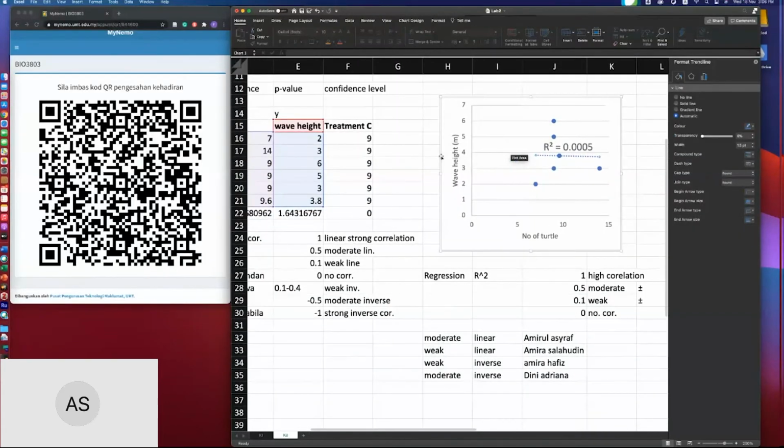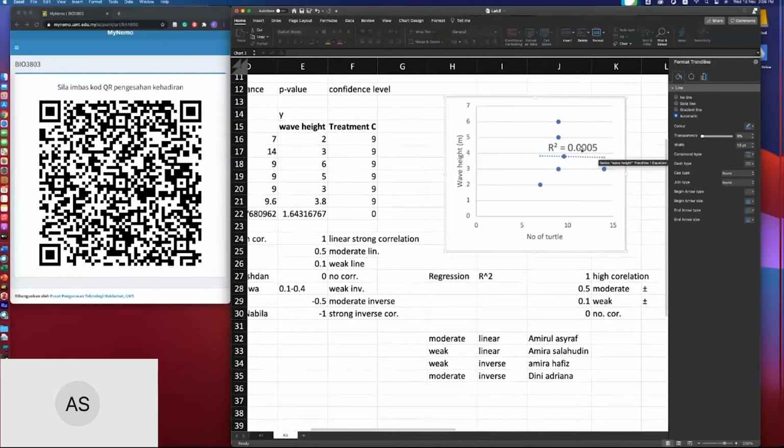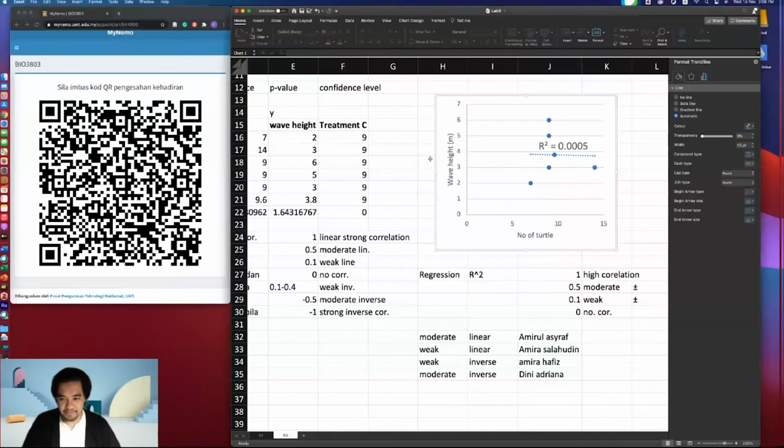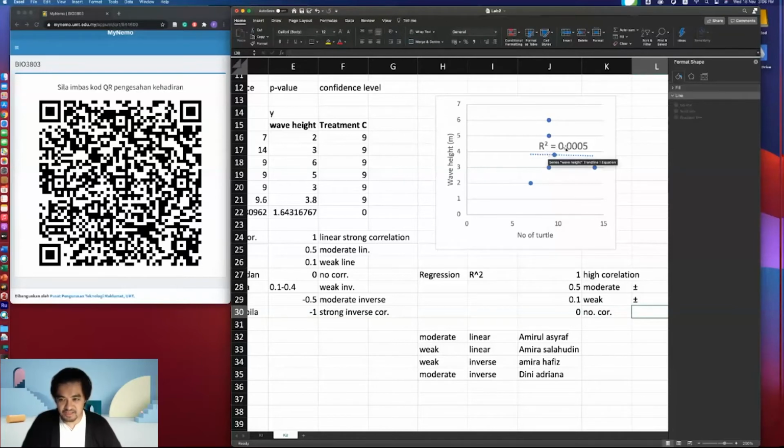All right. If I change this graph, because these indicate 0.005, so what does it mean here? It indicates there is almost no association, or no correlation at all. So in this instance, R squared close to 0 indicates there is no association.